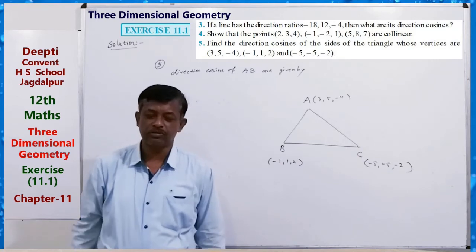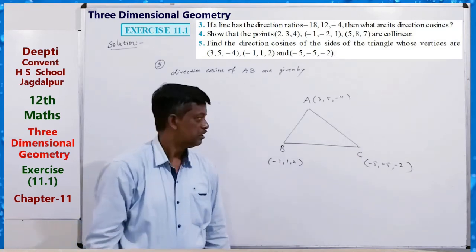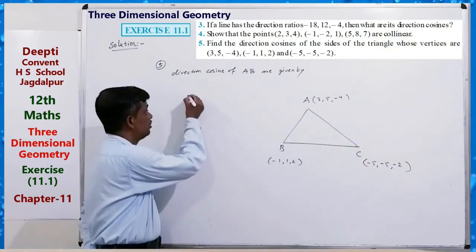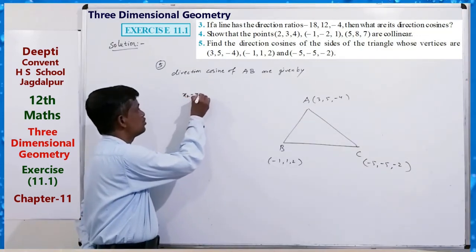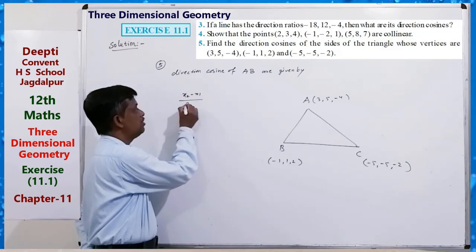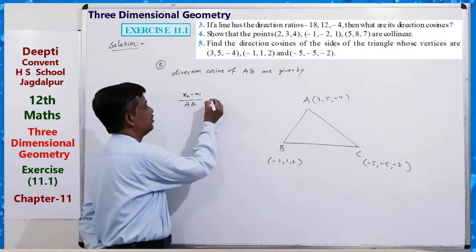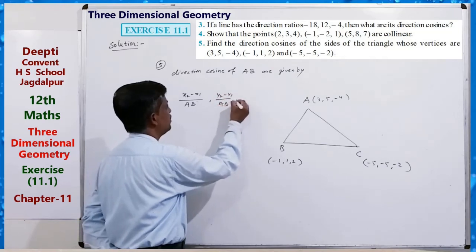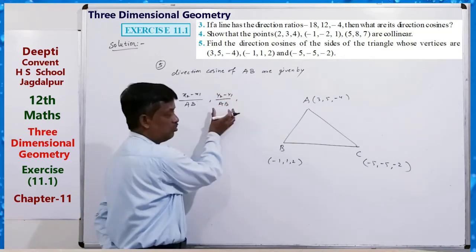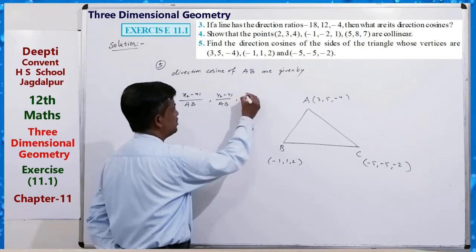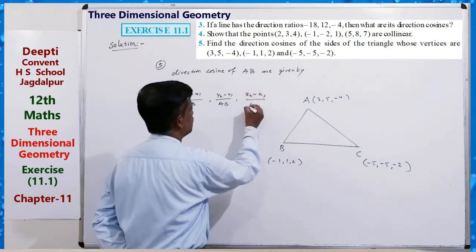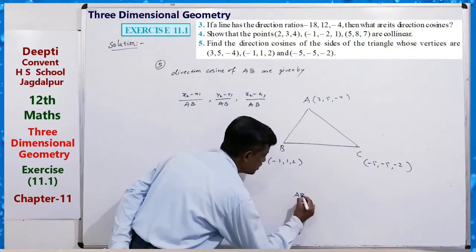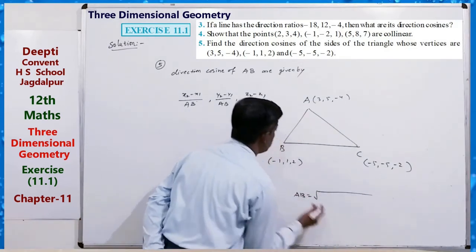We know the direction cosines of the line joining two points are given by x2 minus x1 upon the modulus of AB, y2 minus y1 upon the modulus of AB, z2 minus z1 upon the modulus of AB. AB means the distance between the two points.